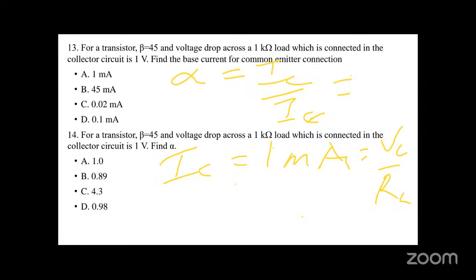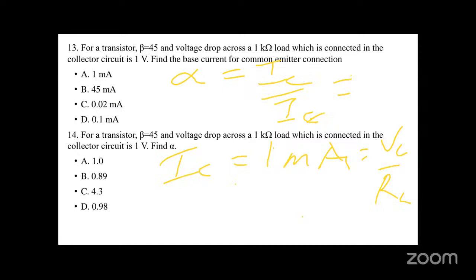Now, we are given beta, but it's alpha we are asked to find. So what we should do now is, we have beta, we have IC, we need to find IB.